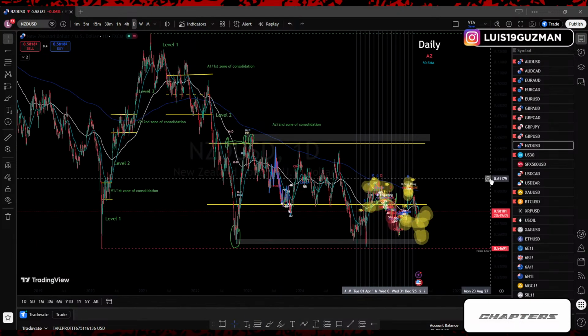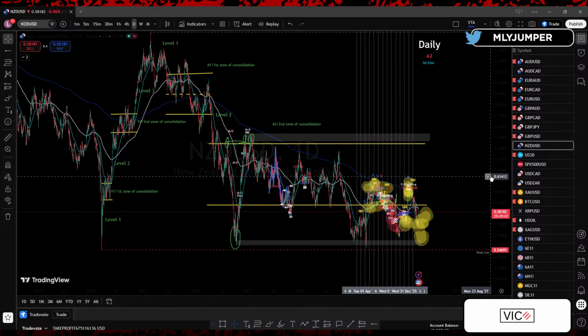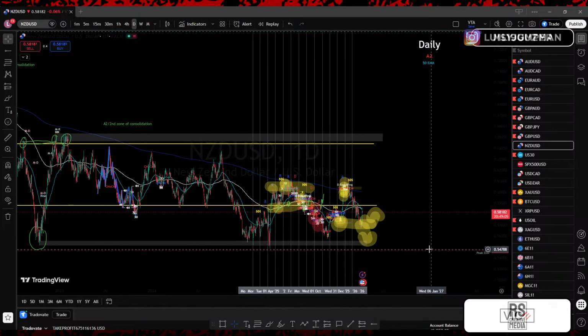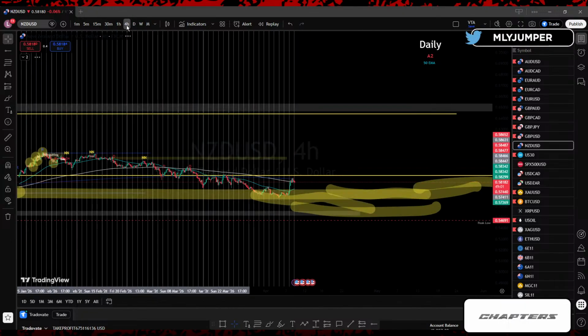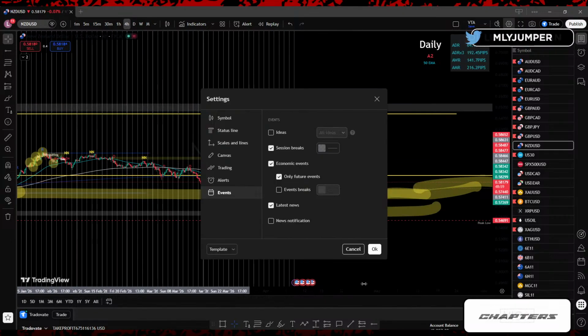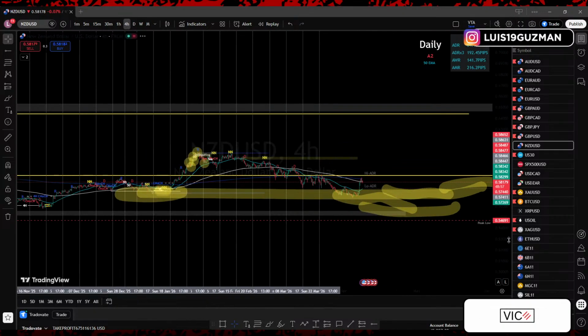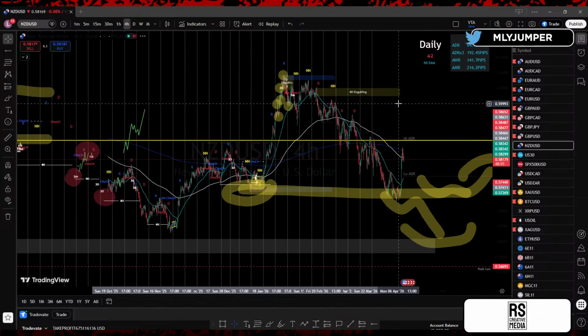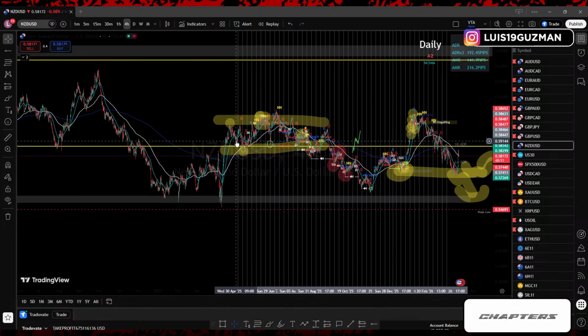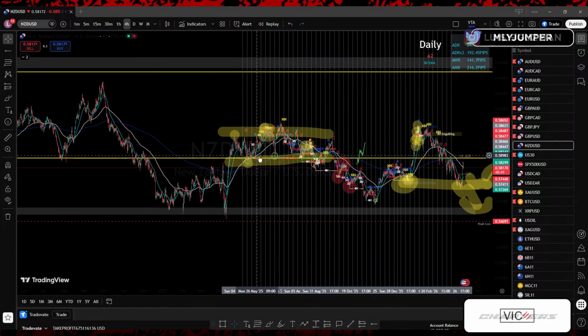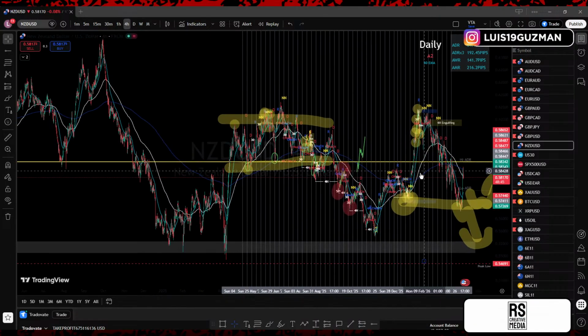So, NZD USD, we're still in the second zone of consolidation, looking for that third and final push back down to the bottom. I'm not gonna mark up the months because I'm not doing all that right now. Back at the lows, 4 hour time frame. Where are we? Man, I'm gonna have to mark this again. 4 hour lows.